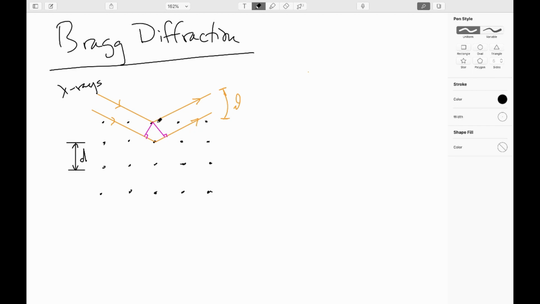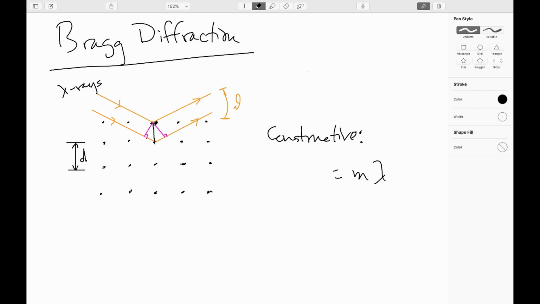In any event, this ray here will have traveled a longer distance than this ray here. In fact, this bit right here is the extra distance traveled. So if we want to have constructive interference, we need this extra distance traveled to be equal to some integer number of wavelengths. So what is this extra distance traveled?